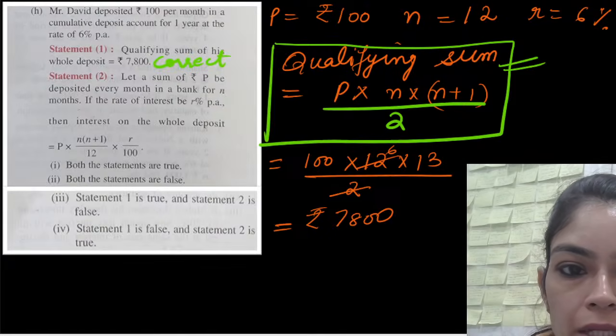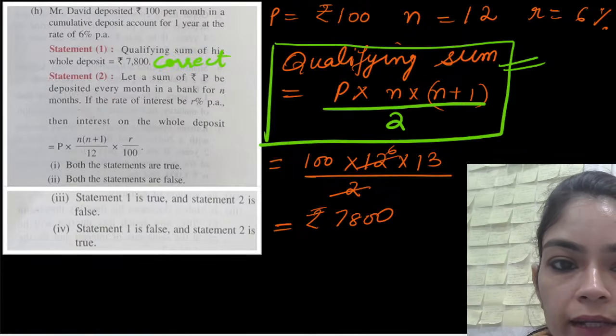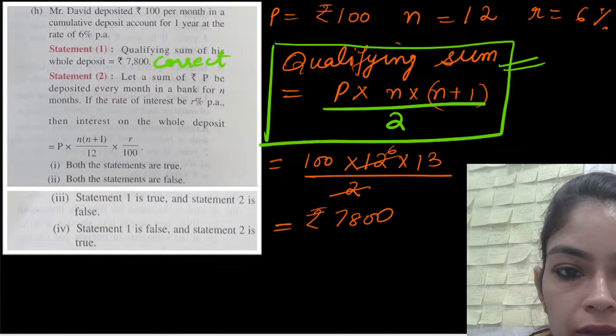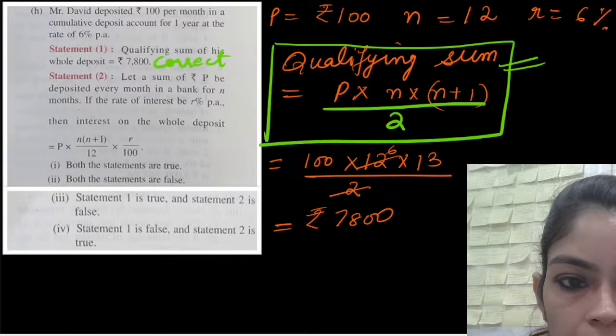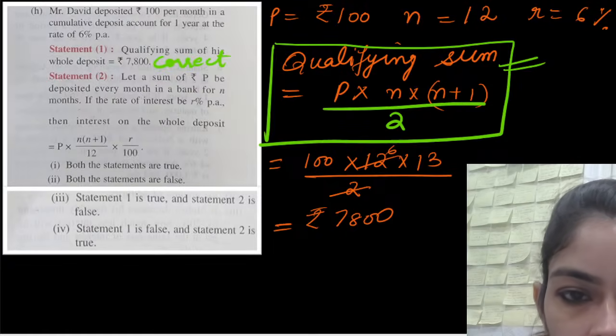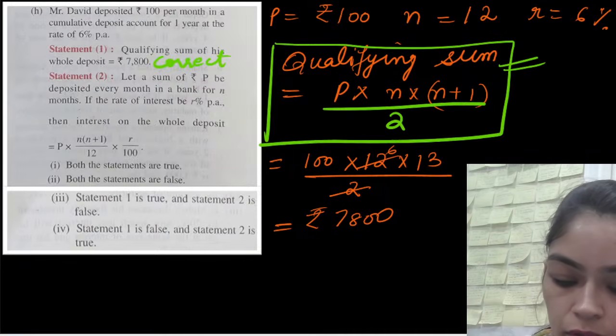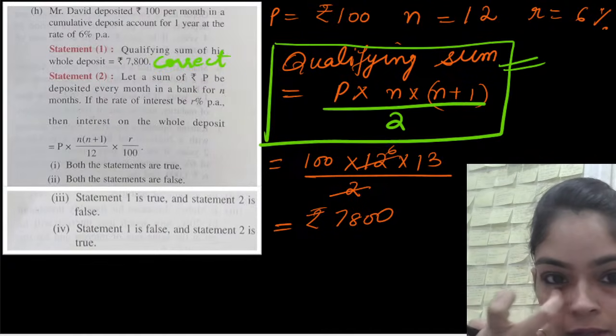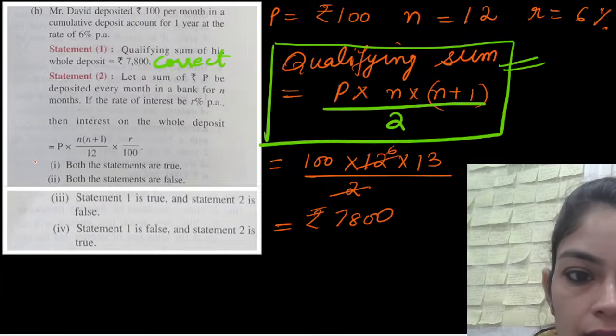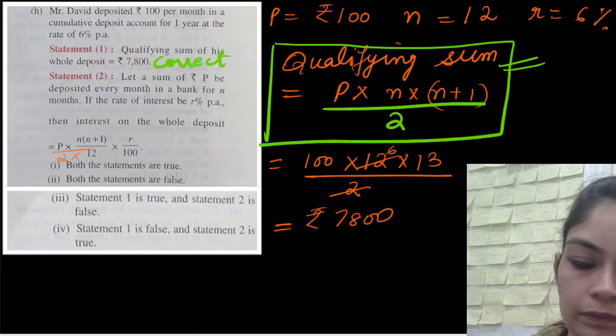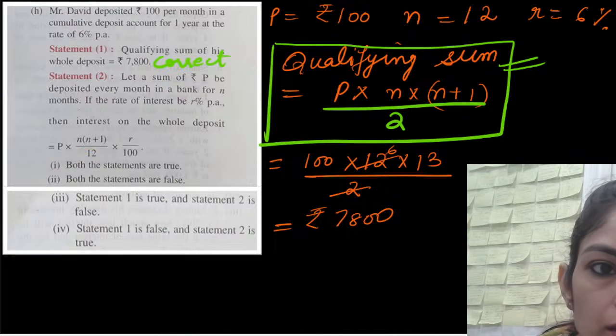Let a sum of P be deposited every month in a bank for N months. If the rate of interest be R%, then the interest on the whole deposit is P into N plus 1. So we all know this is not the formula of interest, right? In the formula of interest, 2 also comes.